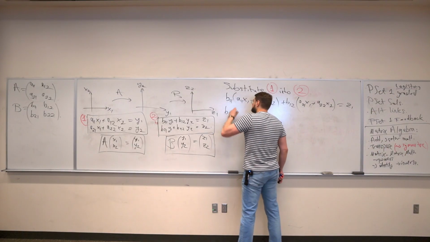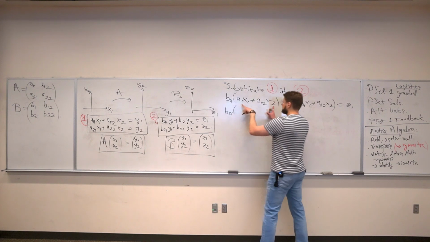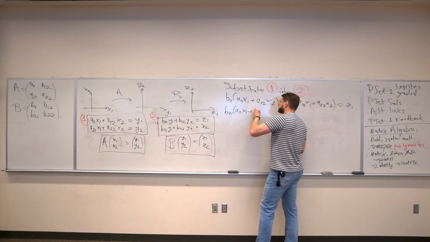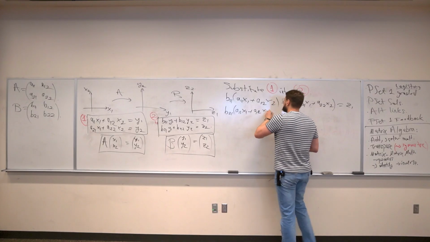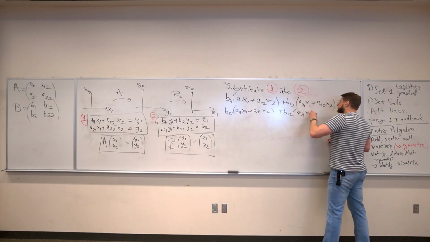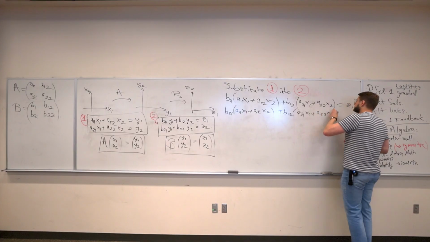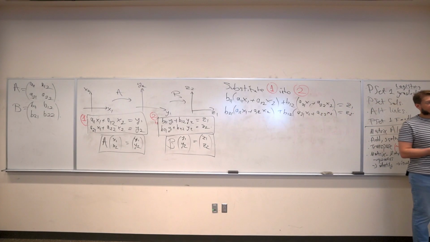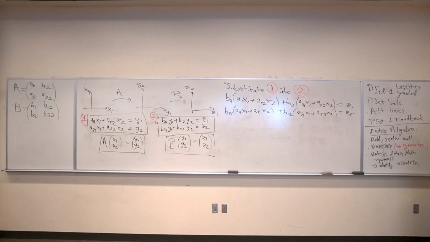Again, b21, same expression as this, you see, because y1 is y1 here. b12, a21x1 plus a22x2 equals z2. I made a mess, okay? Any comments or questions about what is happening here?